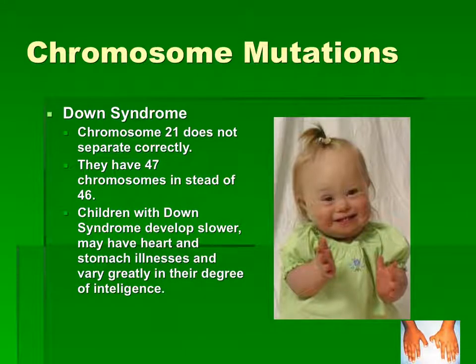Another example of a chromosome mutation is Down syndrome, often referred to as trisomy 21. And what happens is these children are born with 3 copies of their 21st chromosome.